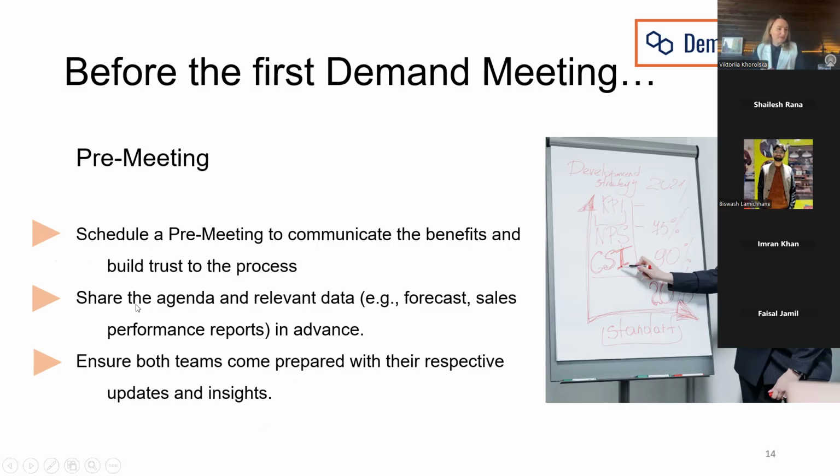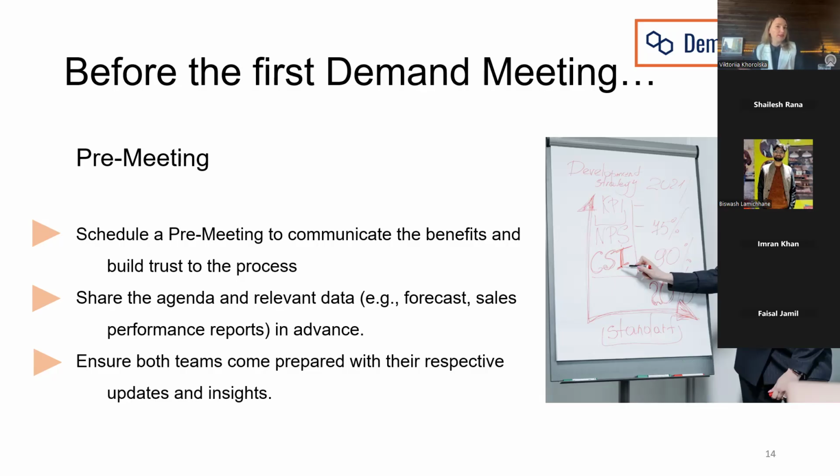So what you can do also is share the agenda in advance and share relevant data. Like, we will discuss this agenda, we will discuss the forecast, we will discuss the demand plan. The aim here is to ensure that both teams come prepared to the next meeting.